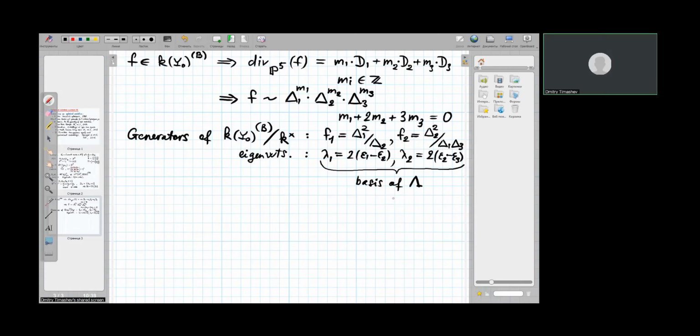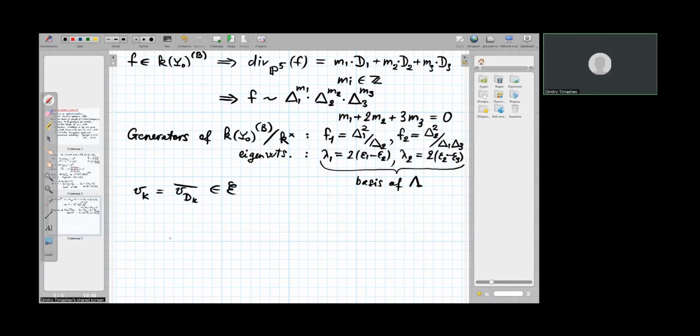And now let's consider the vectors corresponding to the B-stable divisors, d1, d2, d3. So let me denote such a vector by v sub k. So v sub k is v of dk bar. And I want to compute these vectors.